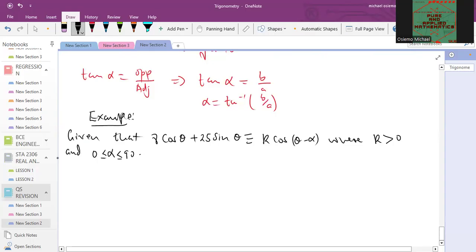Find the value of R and alpha, and hence solve the equation.